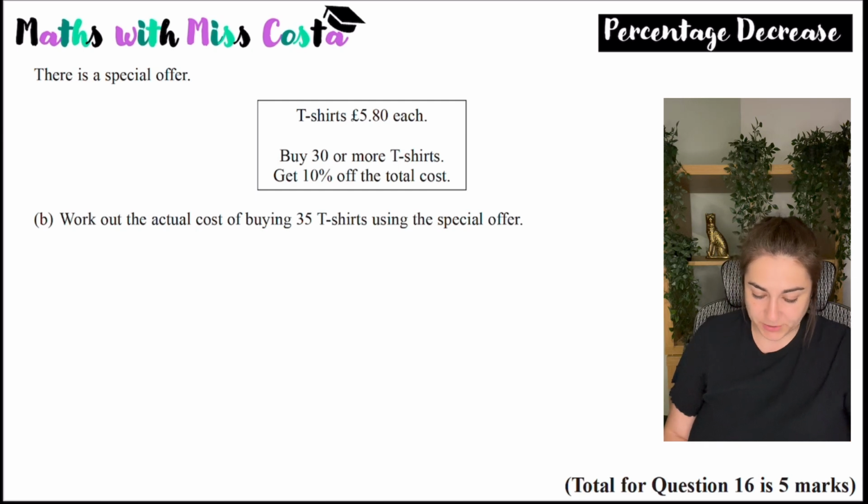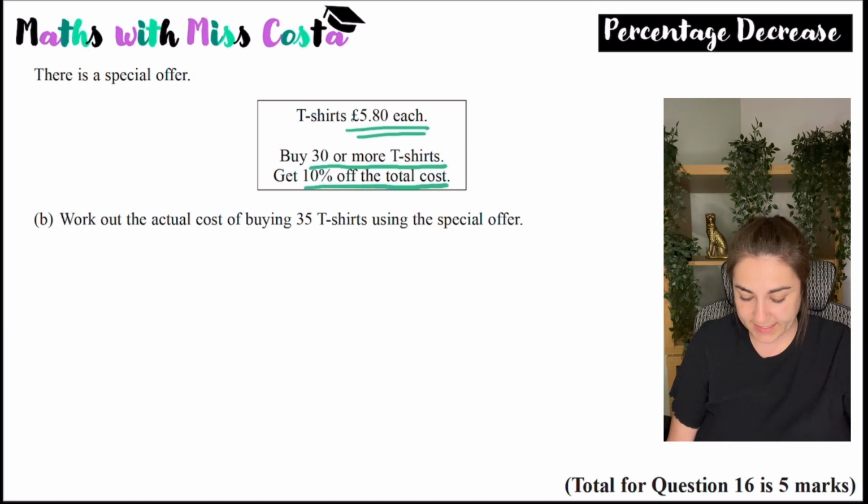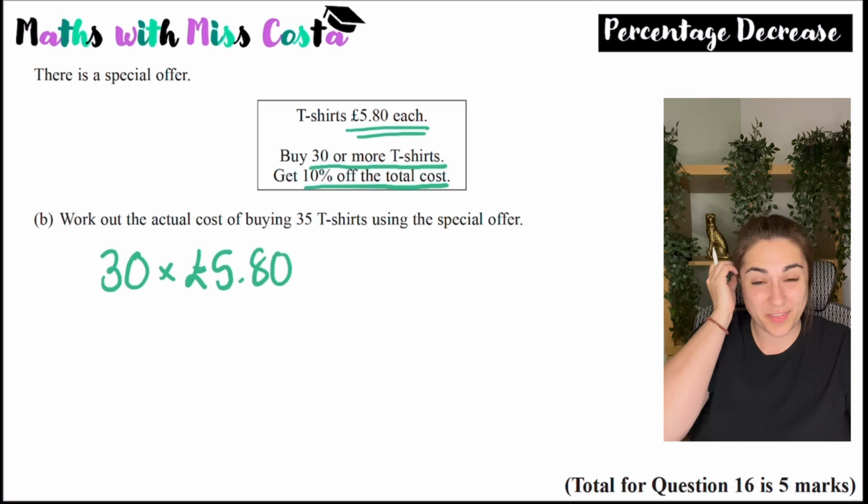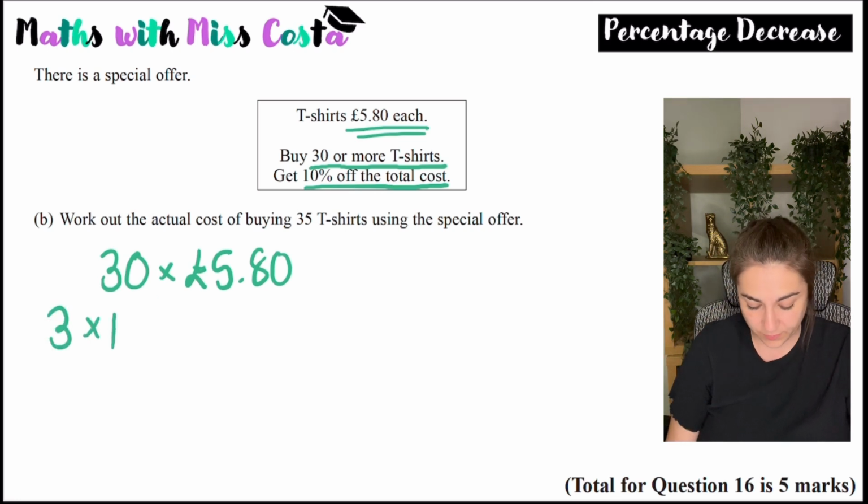Okay, there's a special offer. T-shirts are £5.80 each. Buy 30 or more t-shirts and get 10% off the total cost. So work out the actual cost of buying 35 t-shirts using the special offer. Okay, so 30 times £5.80. Once again, I could break 30 down into 3 times 10.